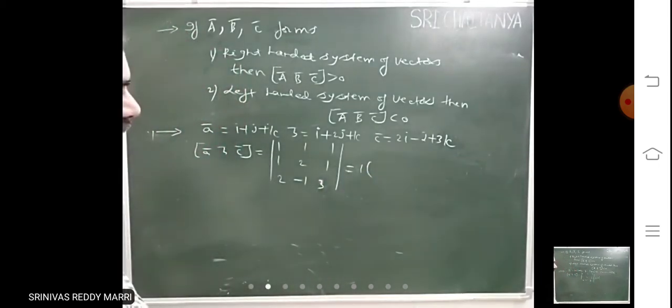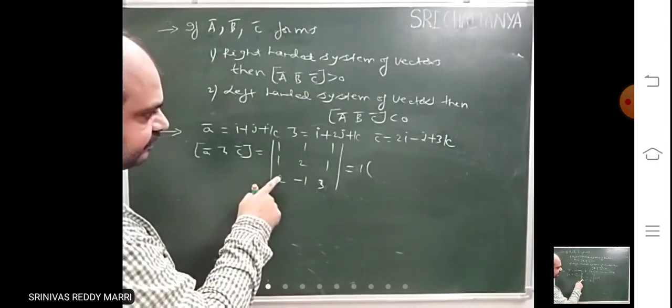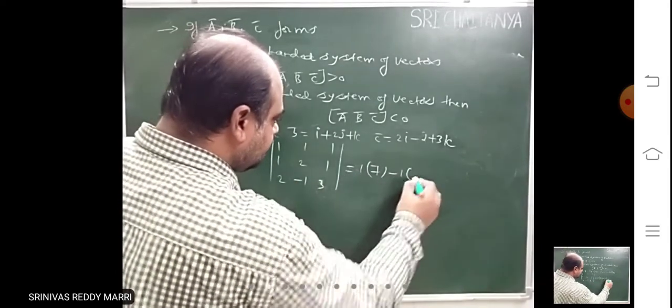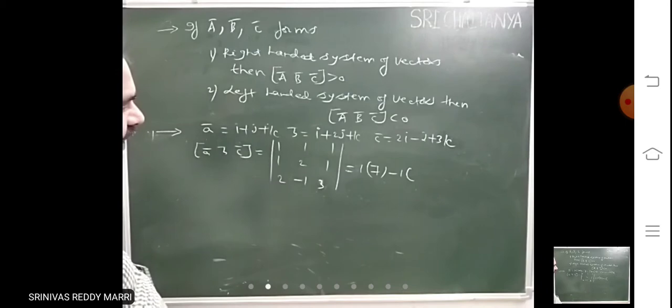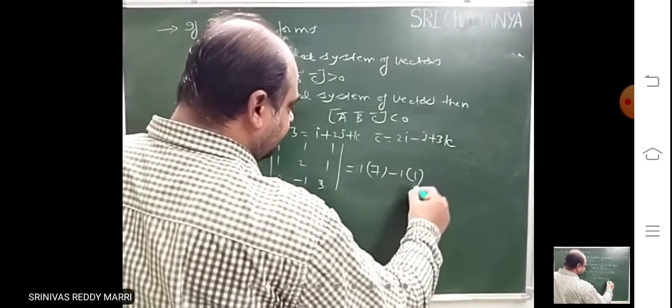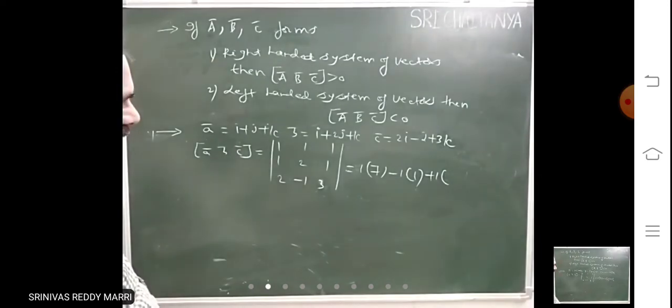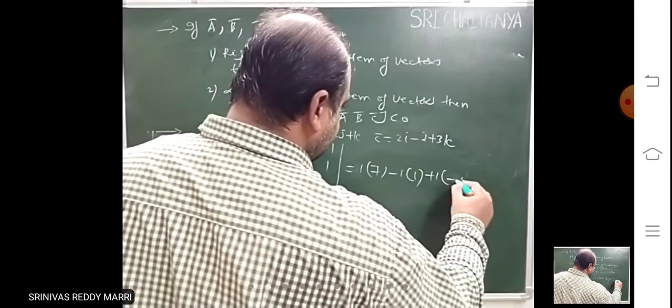So 1 into, if it is 0, what happens I will tell later on. So 1 into 6 plus 1, 7. So minus 1 into 3 minus 2, 1, plus 1 into minus 1 minus 4, minus 5.